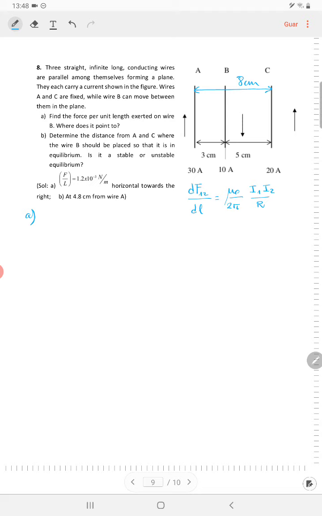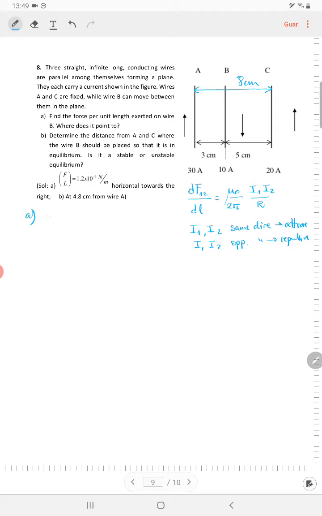We're going to apply this, and the idea that if both currents are parallel, if they have the same direction, the force is attractive, and if they have opposite direction, the force is repulsive. So with these ideas, we can apply it very easily to our case.